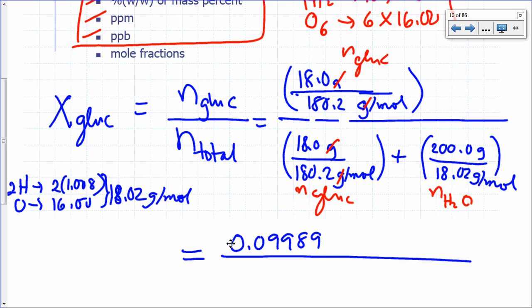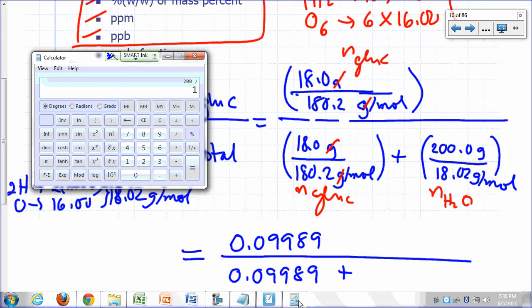Okay. And the denominator is, your moles are just going to cancel out. Mole fraction is unitless. 0.09989 plus the water, 200 divided by 18.02, that gives you 11.099. Okay?